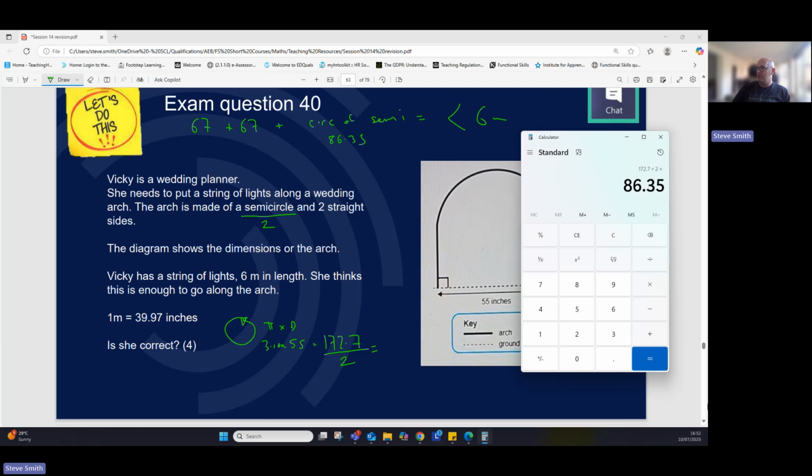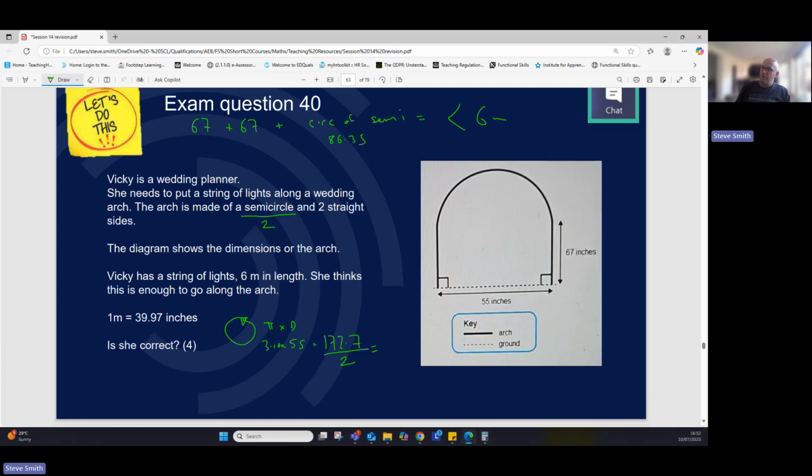We can then add our 67, and we've got a total distance around the arch of 220.35 inches.